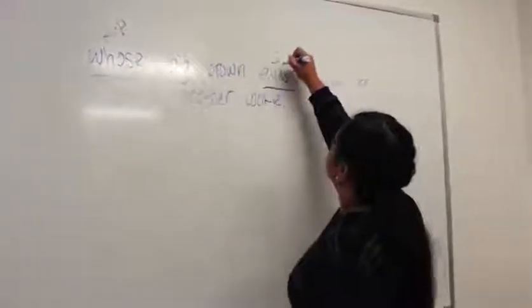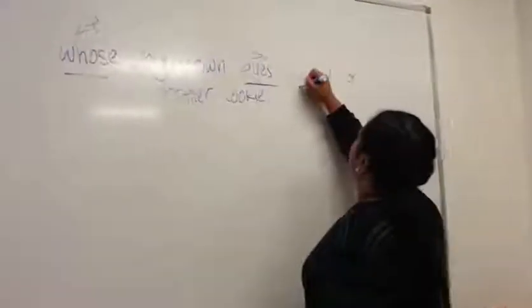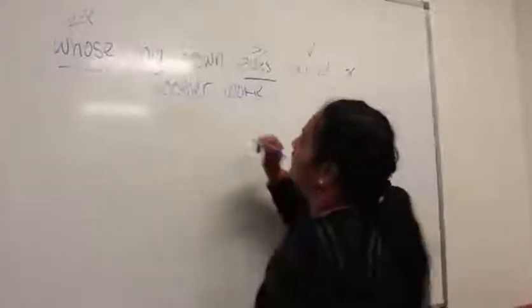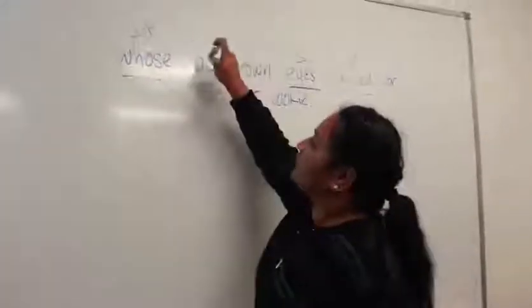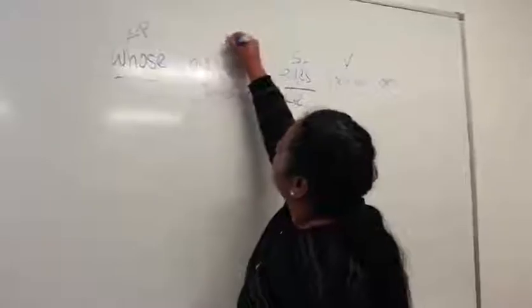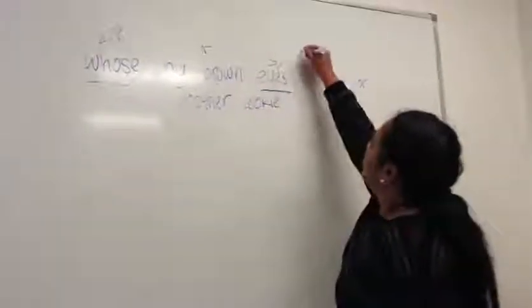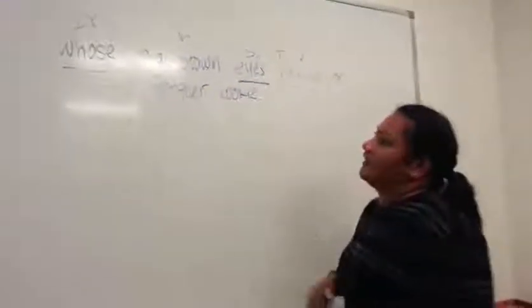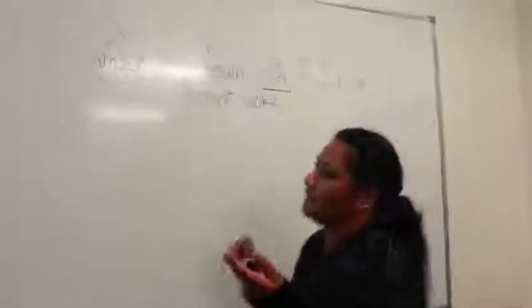So this is the relative pronoun, this is the subject, and pleaded is the verb. As I explained before, the relative pronoun whose goes together with a subject and a verb. Like that. Okay, another example.